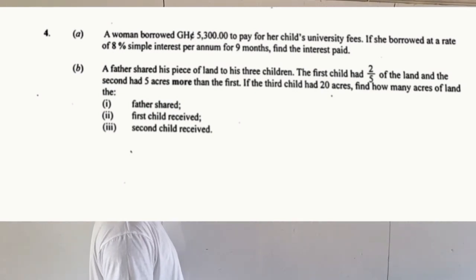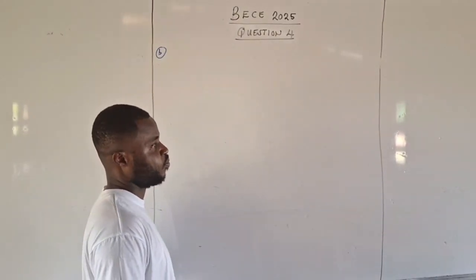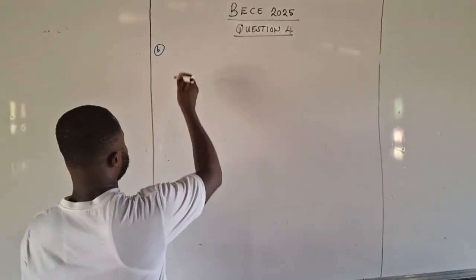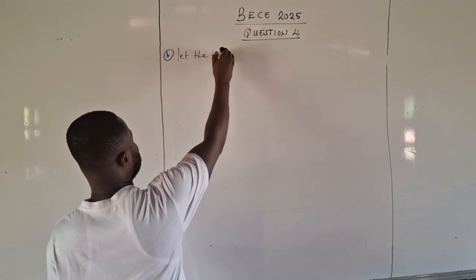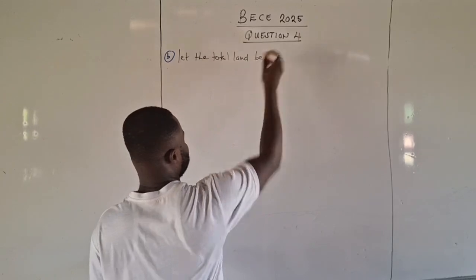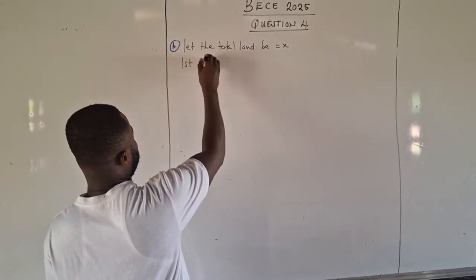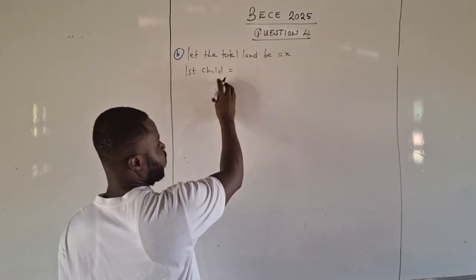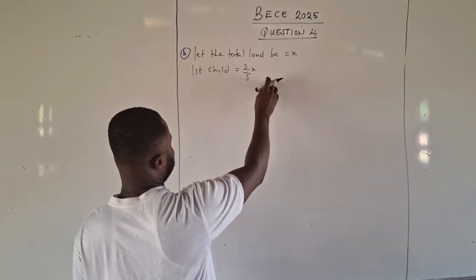This one, the total land given was not known. So here we say let the total land be equal to x because we don't know. The first child has 2/5 of the land, so it will be 2/5 times x.